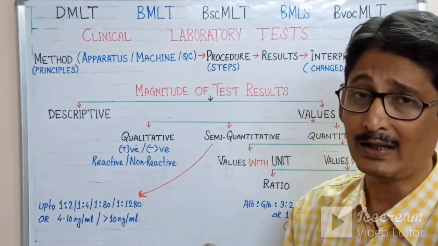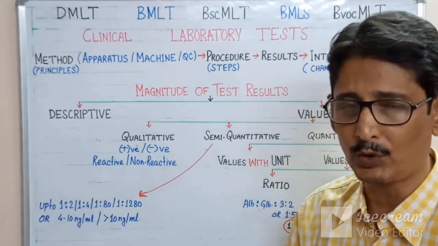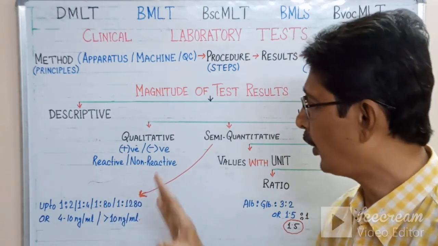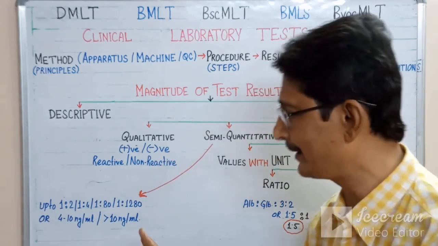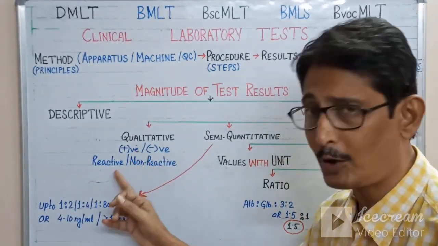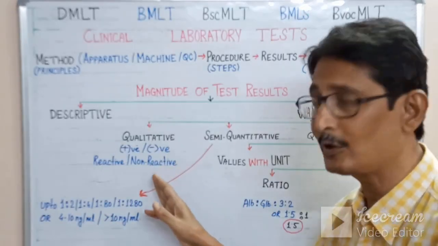But when we are going to make a report, we should not write positive or negative. Now what shall we write? Instead of positive we shall write reactive, and instead of negative we shall write non-reactive.